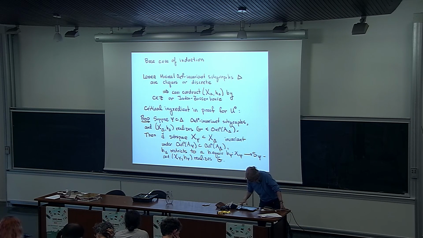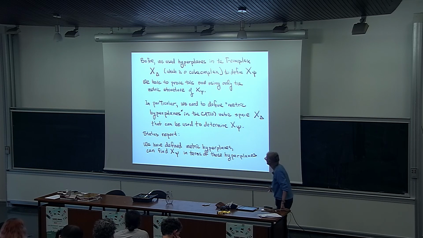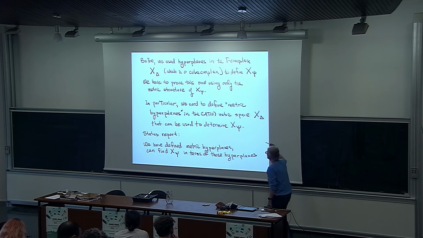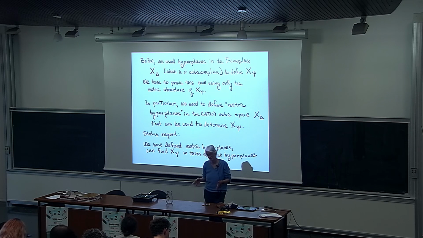And let me just give a status report. So one thing you get with a cube complex structure is you get hyperplanes. In a general CAT(0) metric space, you don't have hyperplanes.